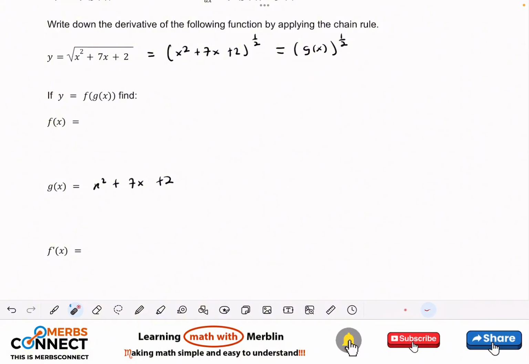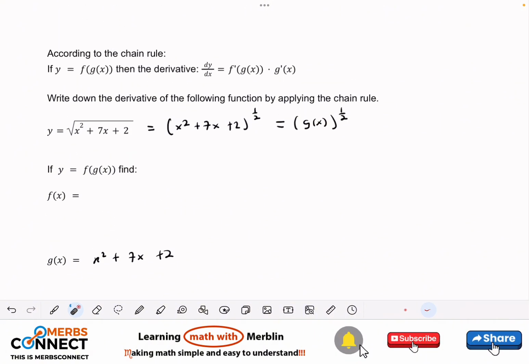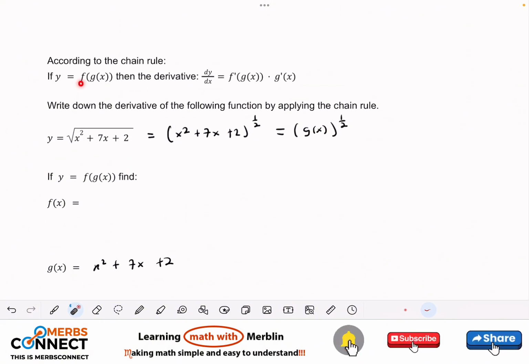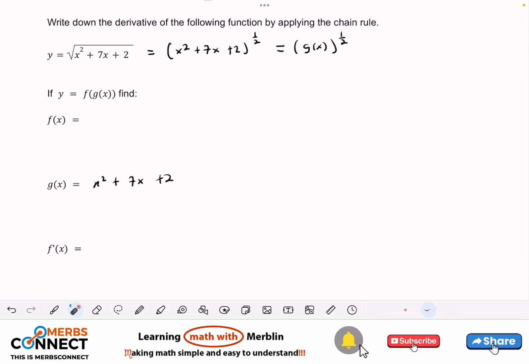So because of that, our f of x now will be equal to what is here. But I'm going to do something here. Why? Because g of x is here, so we cannot put g of x here. When I put g of x here, it will be like me having something like f of g of x, and when I apply the chain rule, this is what I'm going to have. So what I'm going to do is I will let my g of x be equal to u, right?